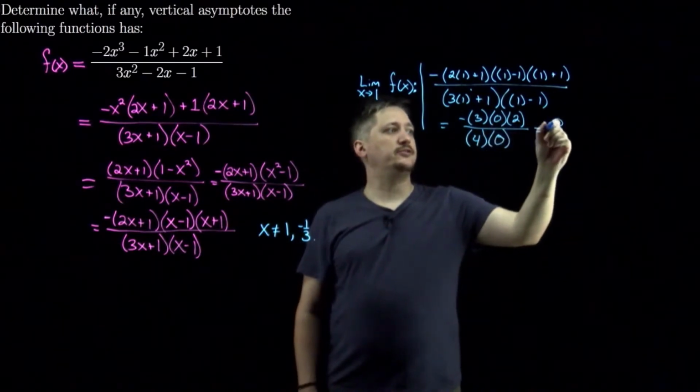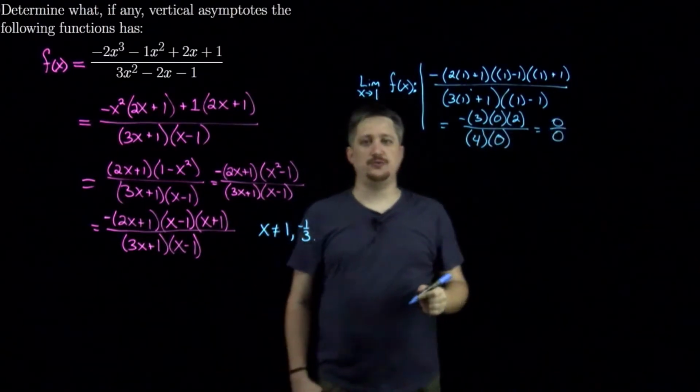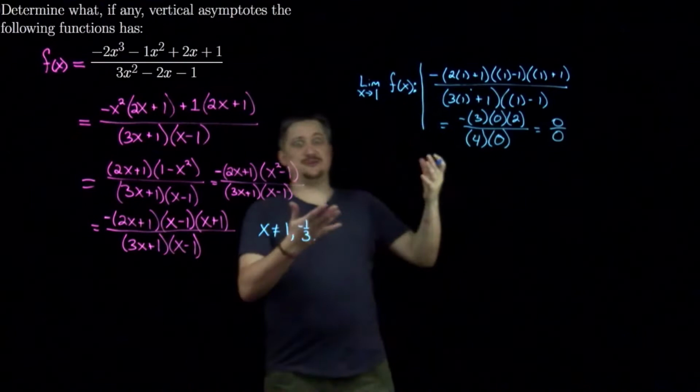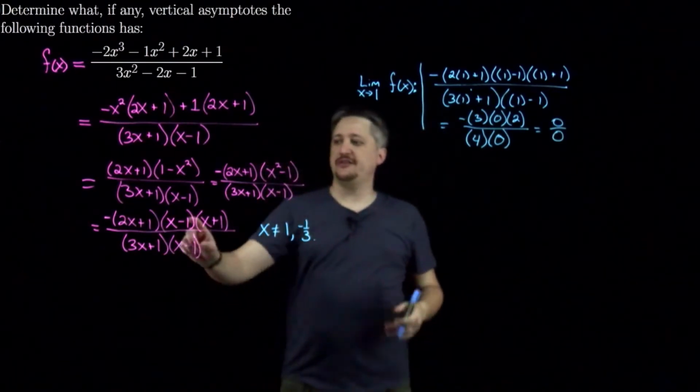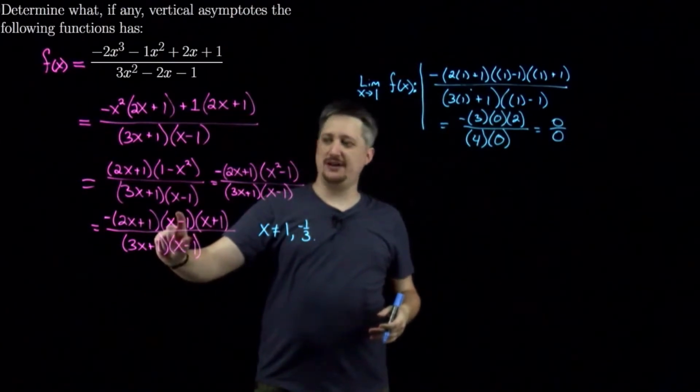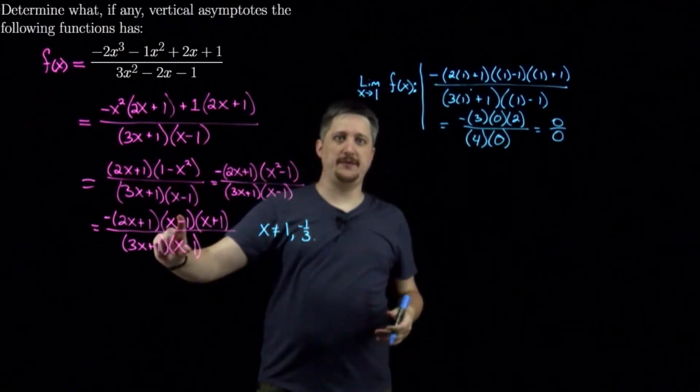But that is 0 over 0, which is, as you know, not non-zero over 0. But this shouldn't be too surprising, because this is occurring from the fact that we have an x minus 1 in the top and bottom.